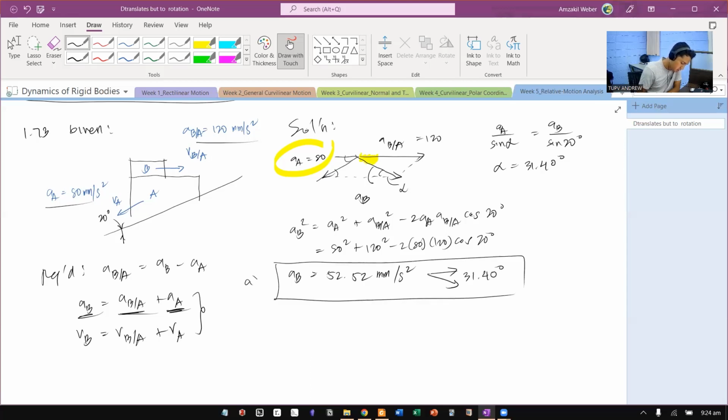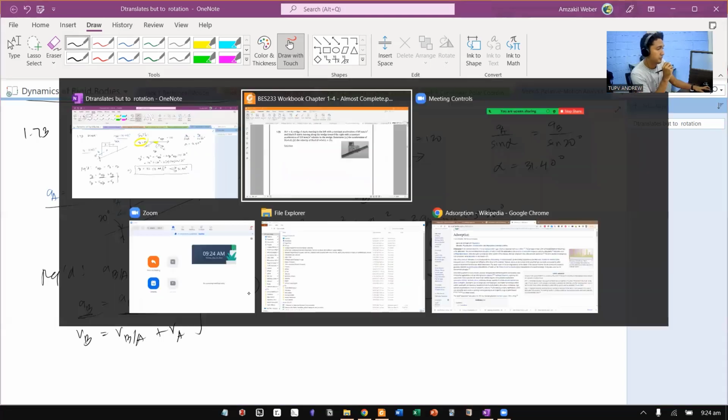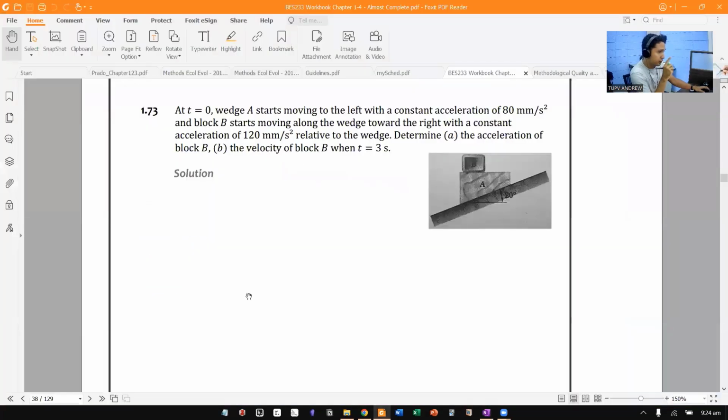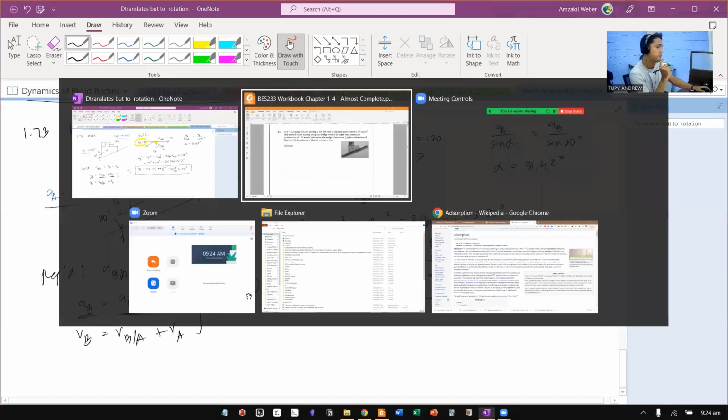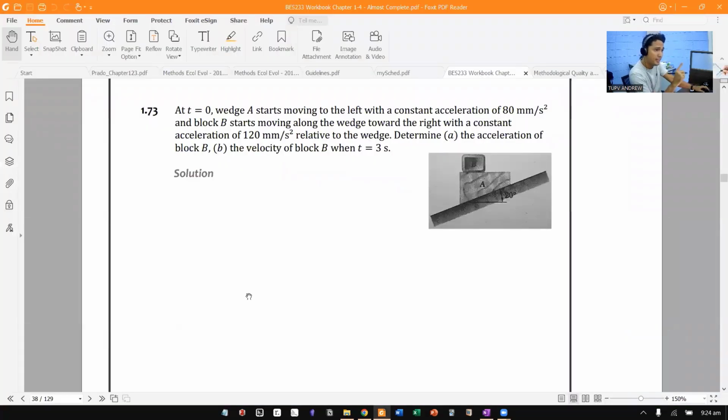So we just answered question A, the absolute acceleration of block B. Now let's go to question B: the velocity of block B when t is equal to 3 seconds. This is interesting.